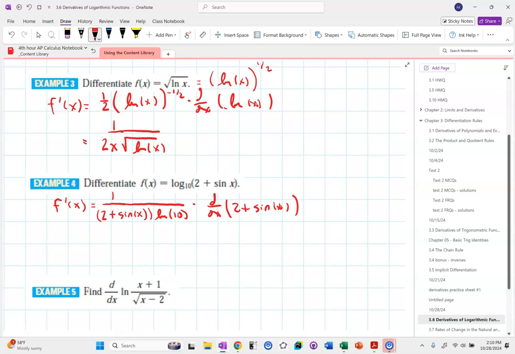Does that all look okay? What's the derivative of 2? 0. What's the derivative of sine x? Cosine x.